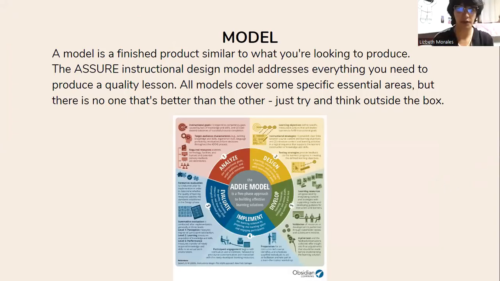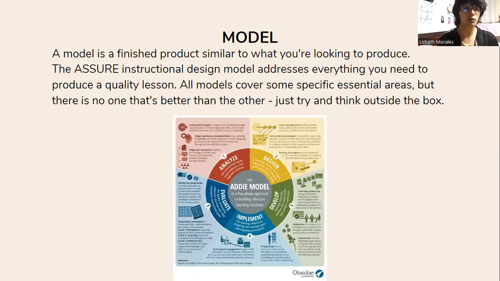Okay, I am going to explain about models. A model is a finished product similar to what you are looking to produce. For a perfect model, we have the ASSURE instructional design model that addresses everything you need to produce a quality lesson.